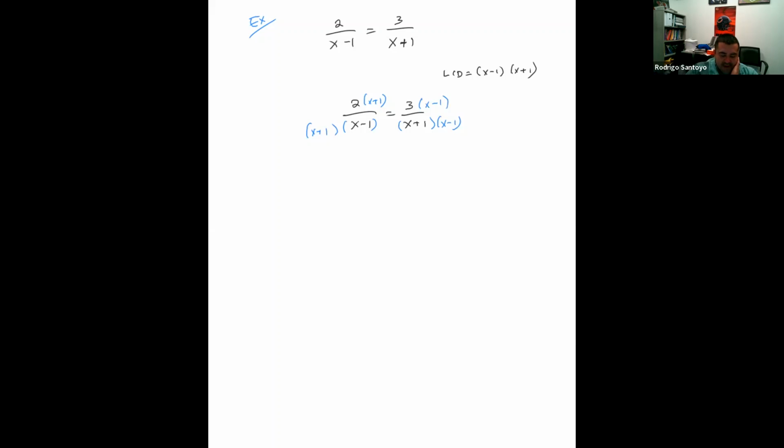And now that the denominators are the same, you can cancel them all out. All right, leaving us with 2 times x plus 1 equals 3 times x minus 1. And we distribute and solve.